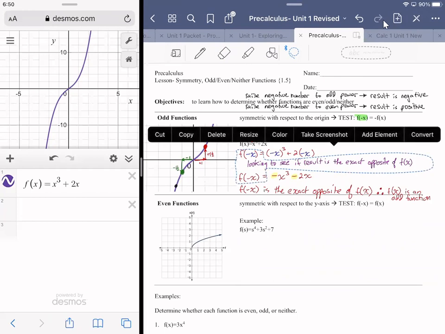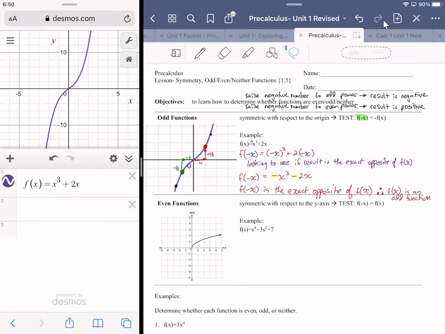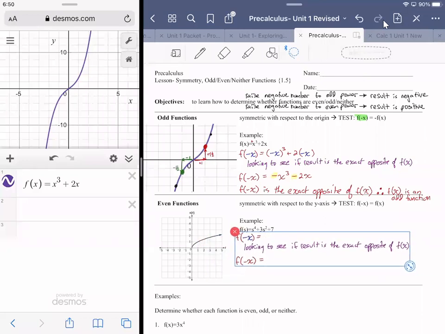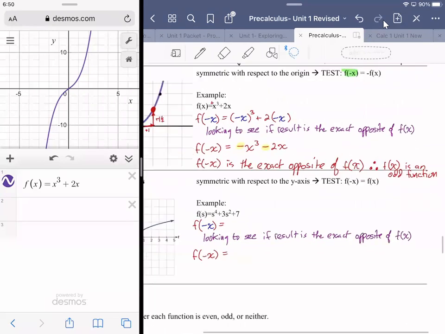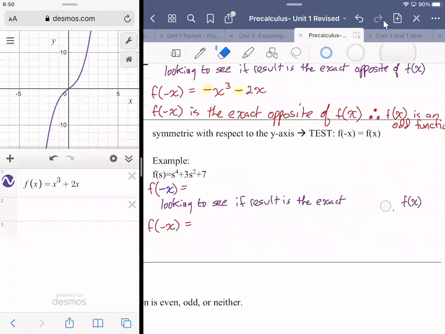So I'm just going to do a little copy paste action here. All right, so you're looking to see if the result is exactly, I guess I need purple again, the same as f of x.